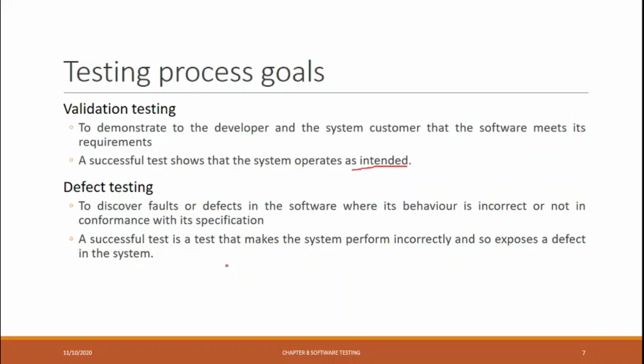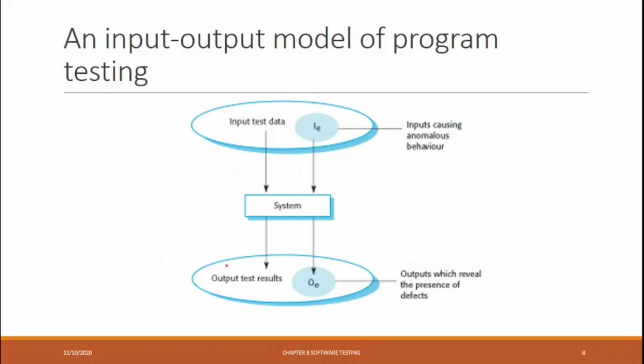Next, you can see a block diagram here. This is a system where you give input test data and get output test data. The anomalous behavior is caused by a wrong input.